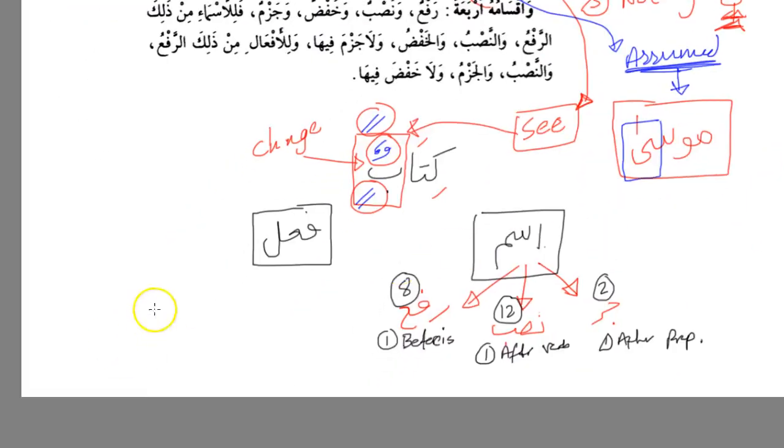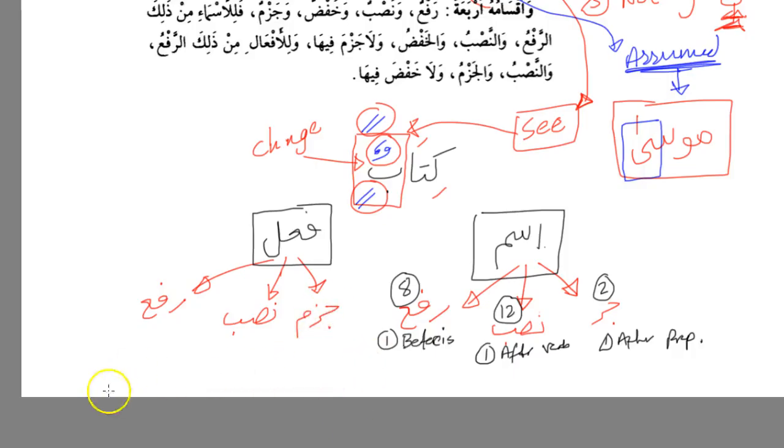Right, verbs on the other hand, they have 3 states as well. 2 of the states they share with an ism, and one is exclusive to the fi'l. The ones that they share with an ism are the rafa, the nasab, and the jazm.